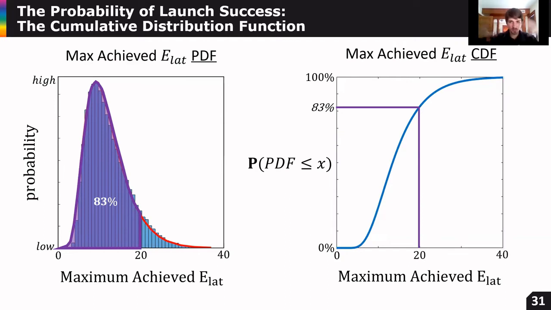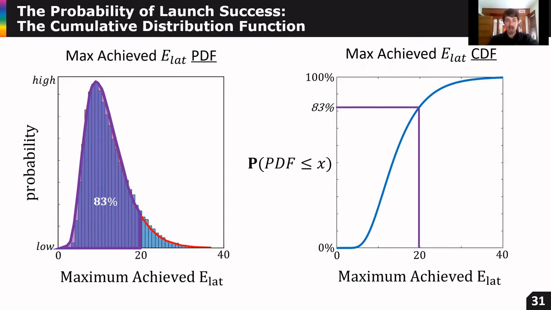So this could also be worded as 17% of sails will have an energy that exceeds 20 joules. If 20 was the escape energy of the sail, then we could say confidently that 83% of the launches will be successful.